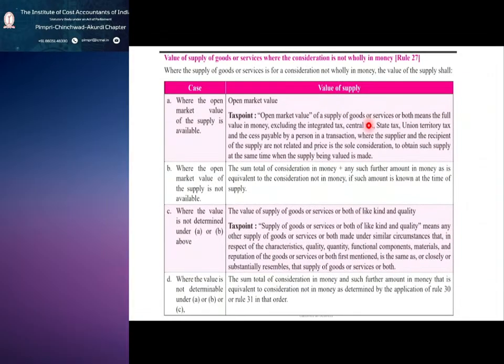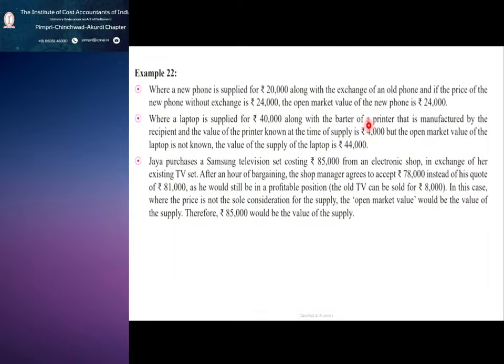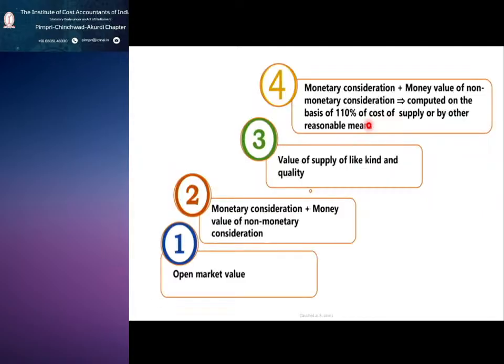So this is what is there in our material. So we'll see here. We are in rule 27. First we have to see whether in the problem you are able to find the open market value. Second, what is the monetary consideration and what is the value of non-monetary consideration.